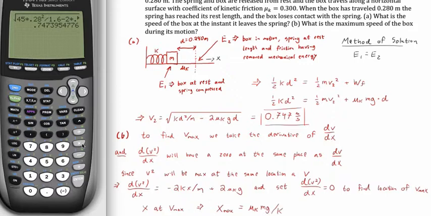And so basically what we did was we moved this 2 mu k g term over to the other side and canceled out the 2's from both terms, right?